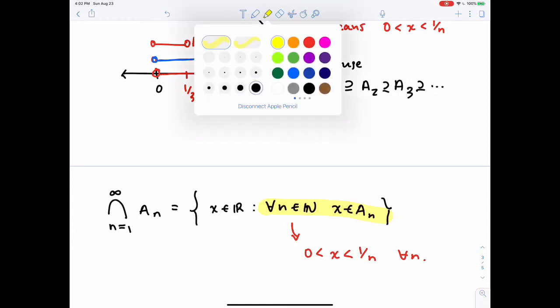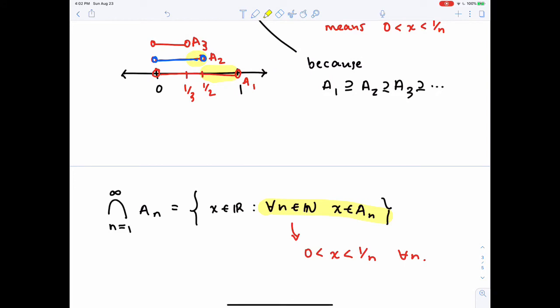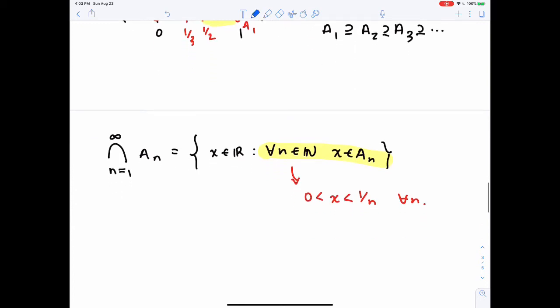And as I go on to A3, I'm going to exclude all the values that are bigger than a third. And so some people will wonder, well, what does that mean? We're either going to get 0 or maybe it's the empty set.